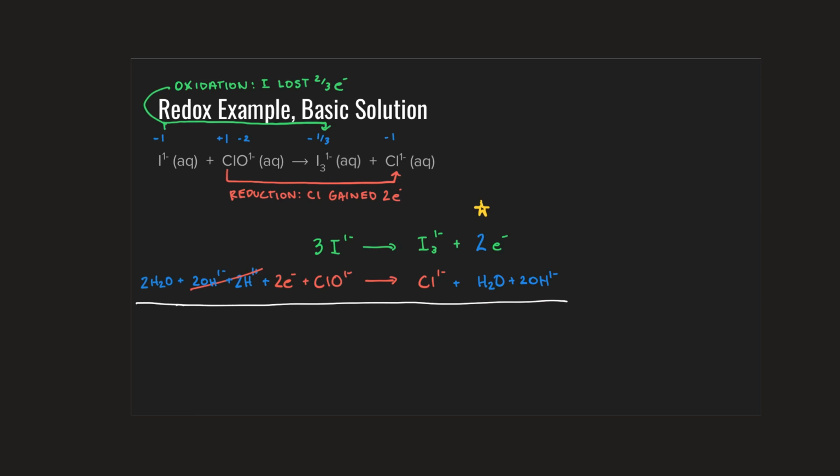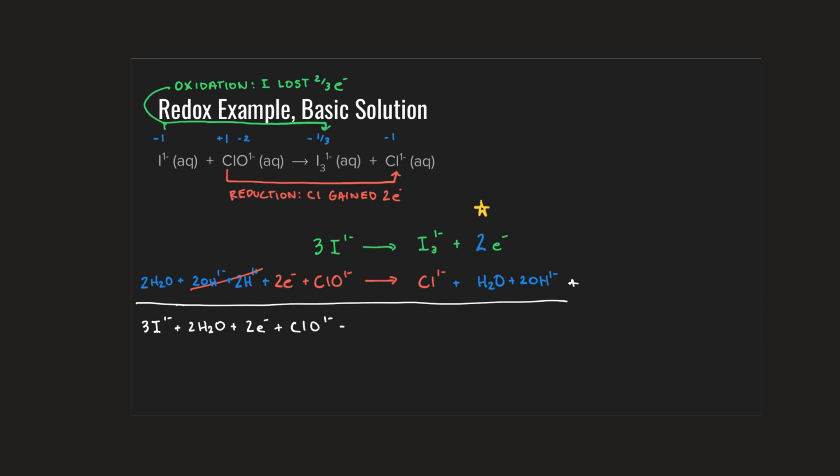So all that then remains is to combine my half steps. And I will do so starting off with the reactant side of the oxidation half step. I have 3 I negative iodide ions, plus from my reduction step, 2 water molecules that I made by combining my hydrogen hydroxides, plus 2 electrons, plus the hypochlorite ion, ClO1 negative.